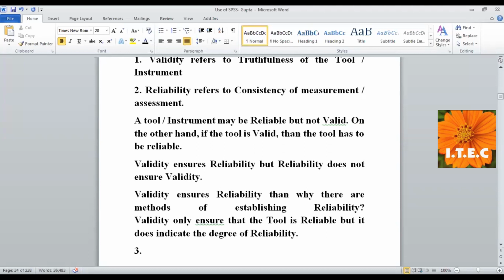Another characteristic of the tool should be objectivity.